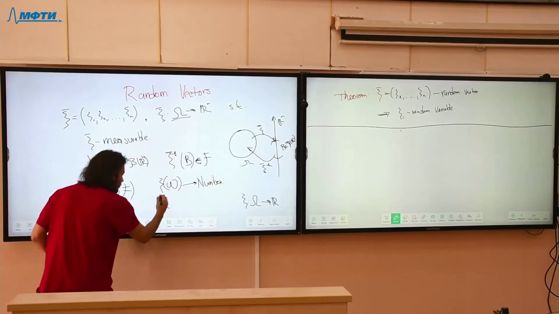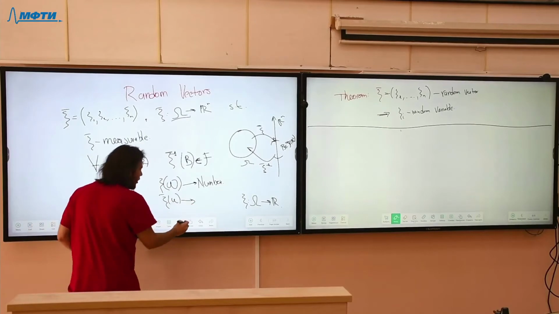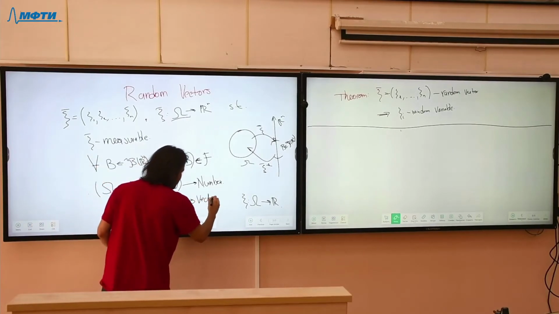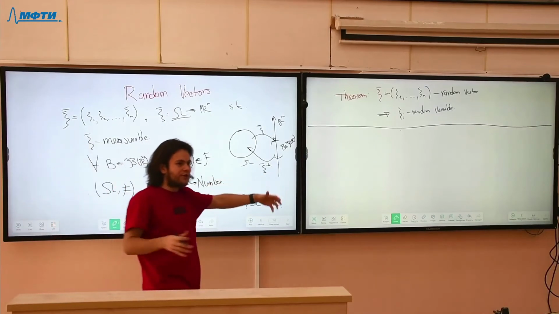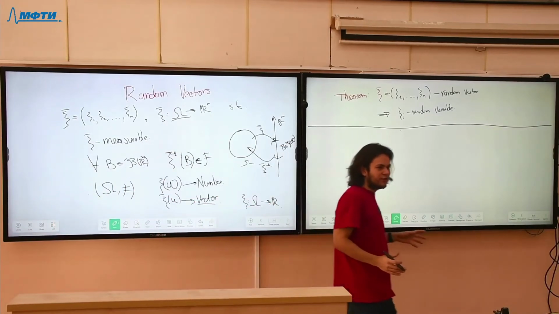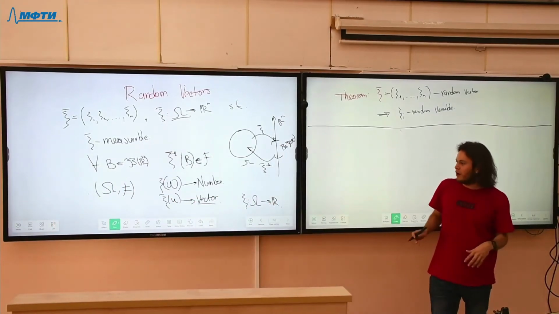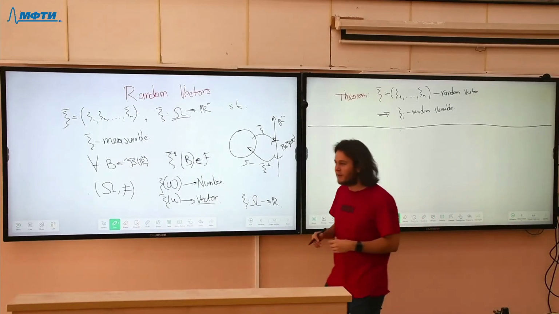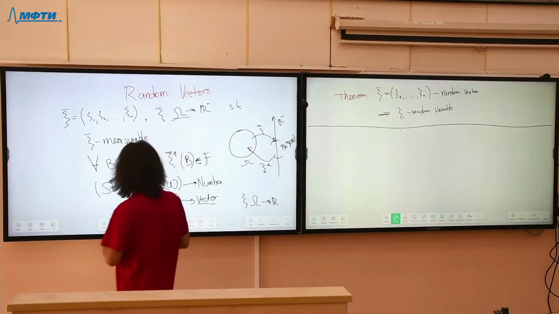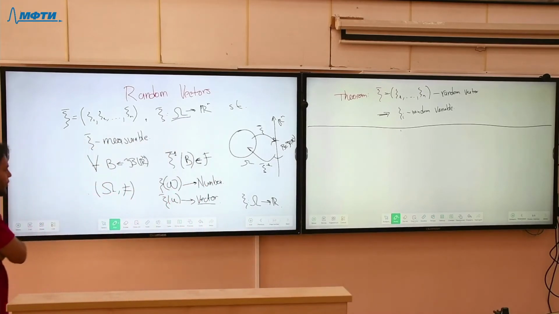Now, for every omega we obtain some data, a collection of numbers. That's the only difference. So a random variable somehow is a random vector in the one-dimensional case. Any more questions?